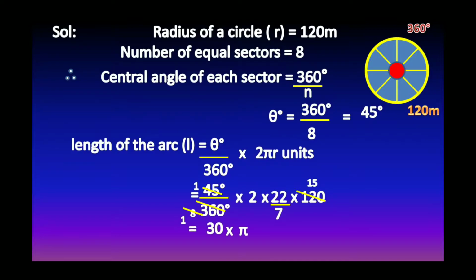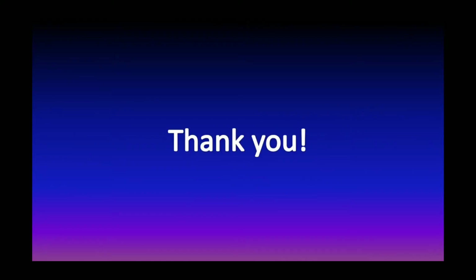So it can be written as 30 into pi, because 2 into 15 is 30 and 22 by 7 is equal to pi. So 30 into pi will give you 30 pi meters, or you can multiply 30 by the value of pi, that is 3.14. It is equal to 94.2 meters. Thank you.